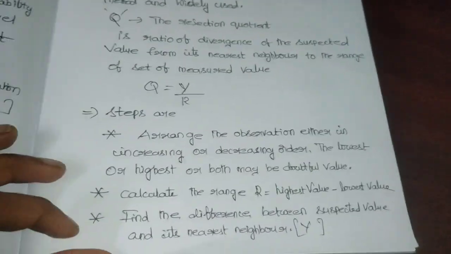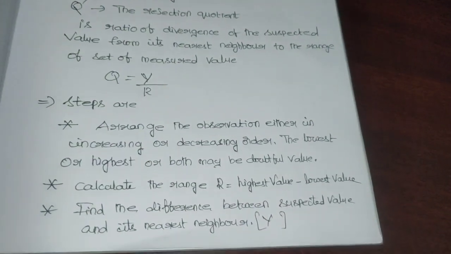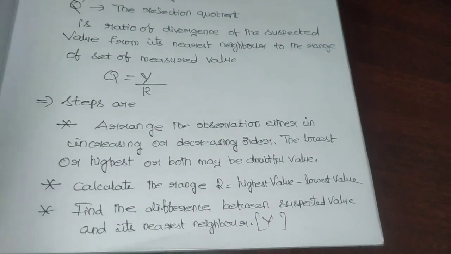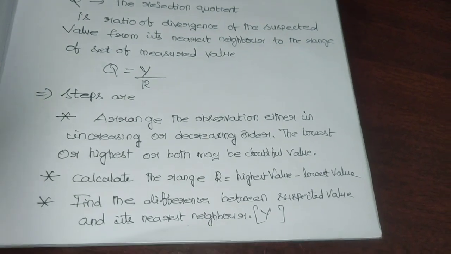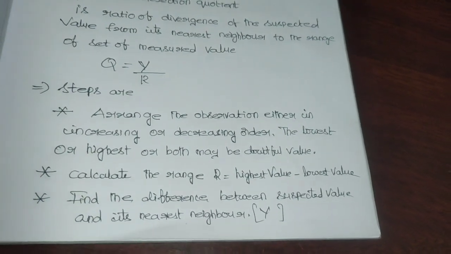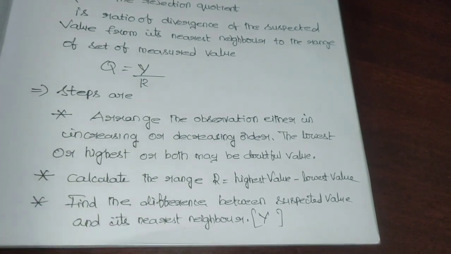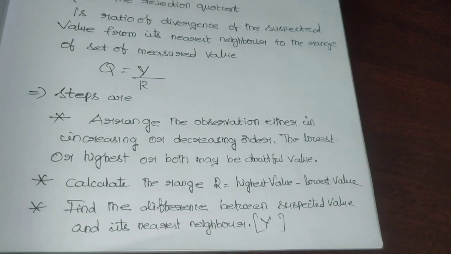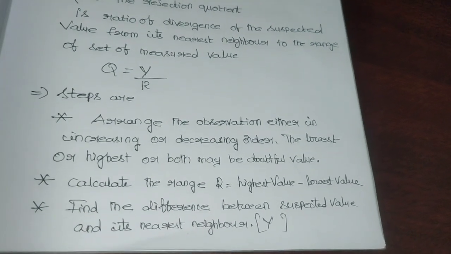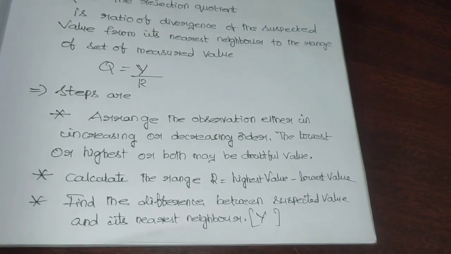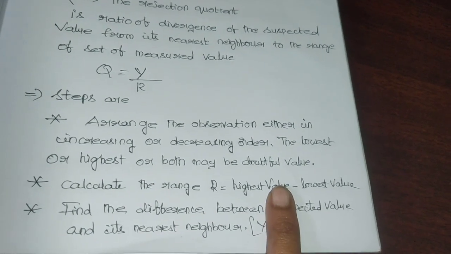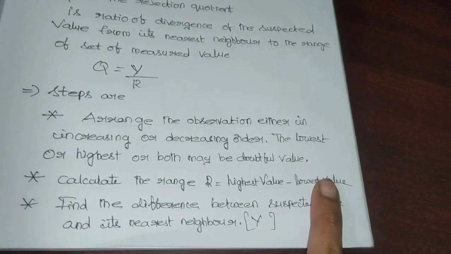What are the steps? First, arrange the observations in either decreasing or increasing order. The lowest or highest value, or both, may be doubtful. Then calculate the range: highest value minus lowest value.